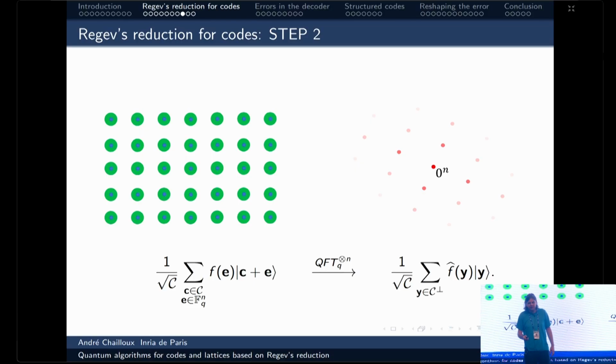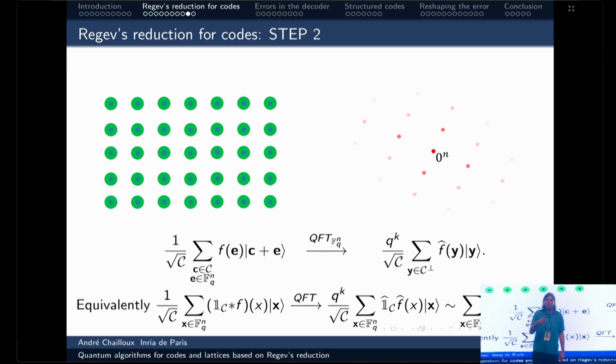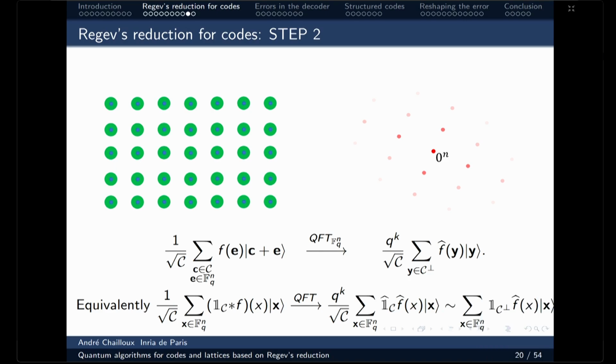And just one way also to see the calculations, is that on the left-hand side, you can see the state that we have as a convolution between the indicator function of the code and the error function f, right? If you compute this convolution, it gives you exactly the state above. And we know that after this quantum Fourier transform, a convolution is transformed into a product, right? So you get on the right side the product of the amplitudes, and you conclude by saying that the Fourier transform gives the product of the Fourier transforms of the functions, and the Fourier transform of the indicator of the code is the indicator of the dual code, right?